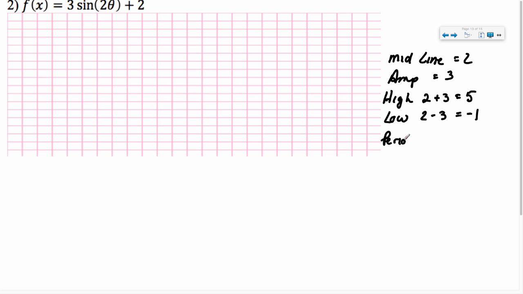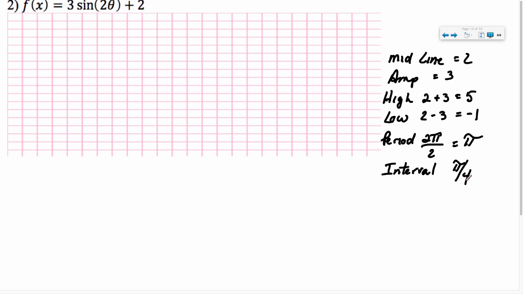Period: 2 pi over b. b in this case is 2, so my period is pi. My interval, so I can make it look nice on the graph, will be pi over 4.